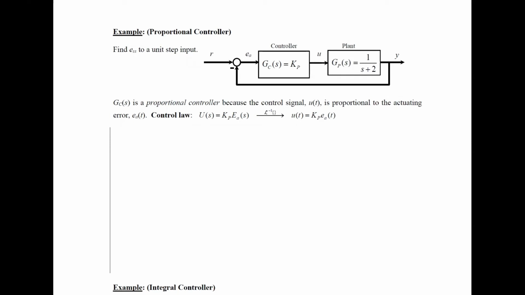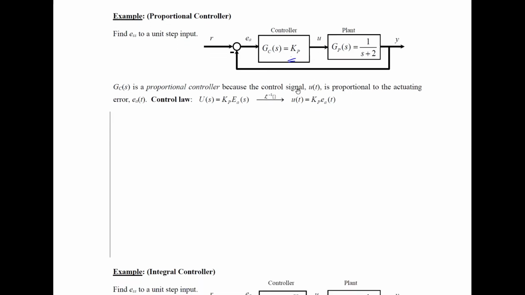So the first one. We are looking at the plant 1 over s plus 2, and we are considering a controller which is referred to as the proportional controller. We call it a proportional controller because the controller is Kp. The control law is the relationship between the input and the output of the controller.